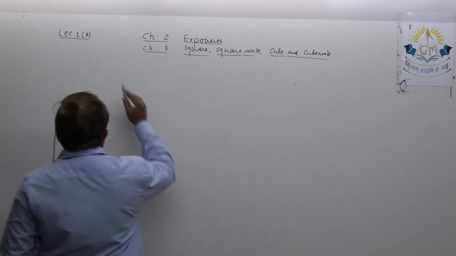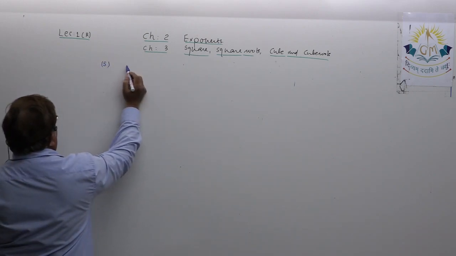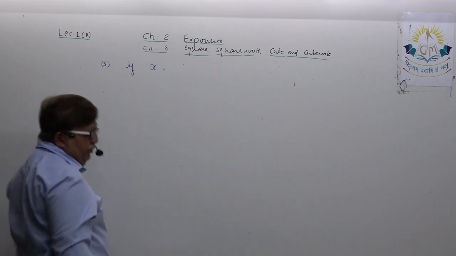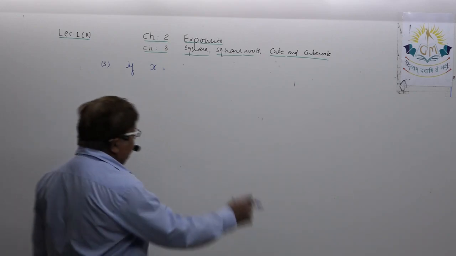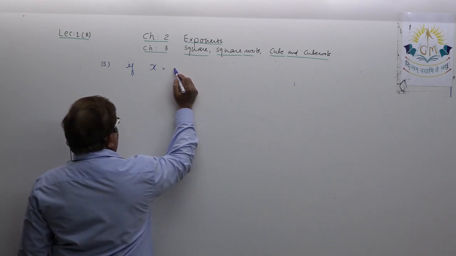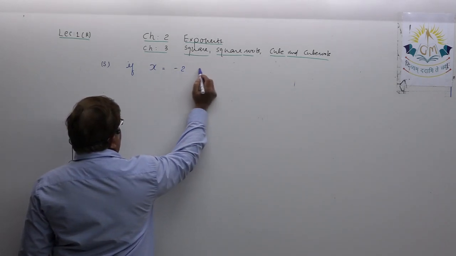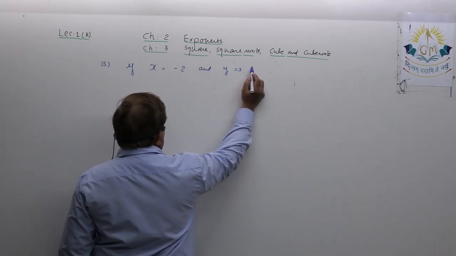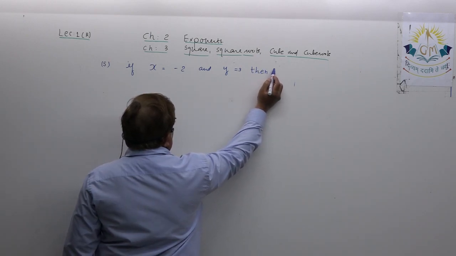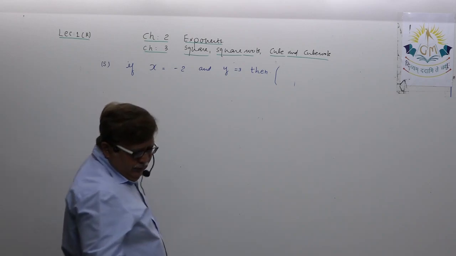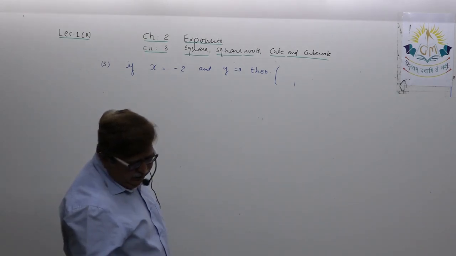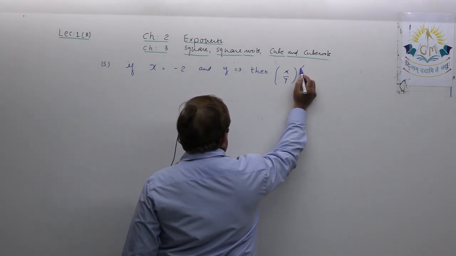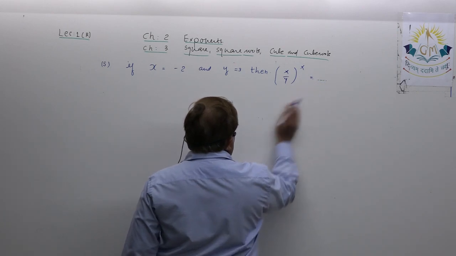If you could not solve at that time in our regular test, so you need to concentrate, okay? If x equal to -2 and y equals to 3, then you have to evaluate one mathematical expression of this type: x upon y raised to x equal to dash.